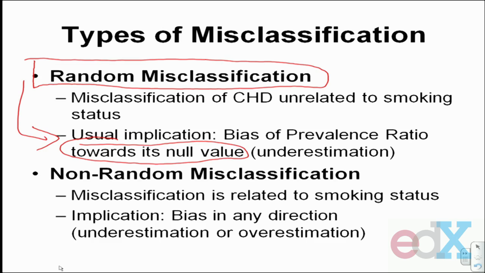The other type of measurement error is much more serious, the non-random type. That's where the mistakes are dominant in only one of the two groups you're comparing. Say it's the smokers only who are making errors in reporting whether they really do or do not have coronary heart disease. In that case, the measure of association we see could be an underestimate, it could be an overestimate, depending on the amount of errors occurring in the smokers or the non-smokers.